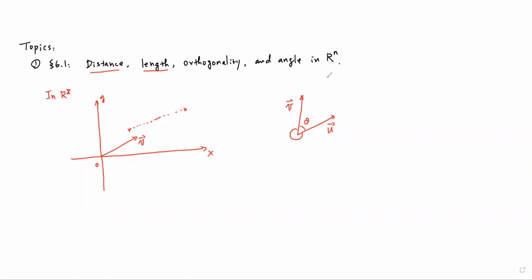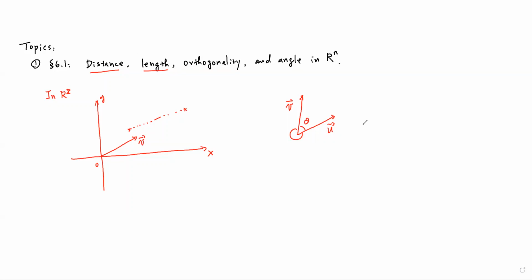Now, in Rn, we cannot plot points and vectors. Then, how to determine the distance between 2 points in Rn? How to find out the length of a vector in Rn?